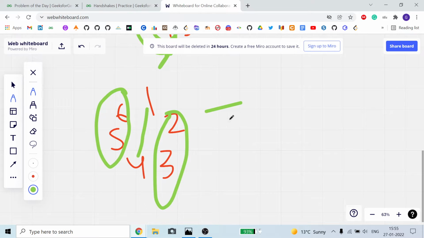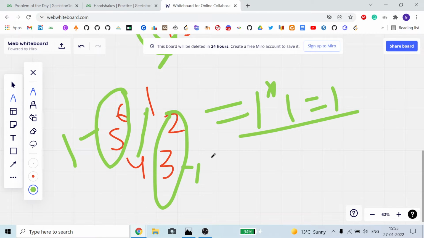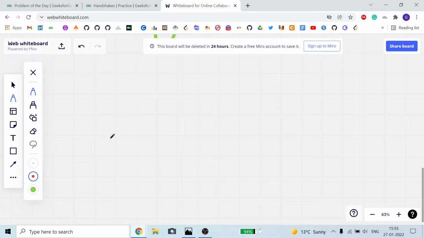So here the number of ways we can do handshake with 2 and 3 is equal to 1. The number of ways 5 and 6 can do handshake is equal to 1, and this is fixed. So total ways are 1 into 1 is equal to 1. So when 1 and 4 are joined together, the total ways we have is equal to 1. Okay, now 1 and 5.